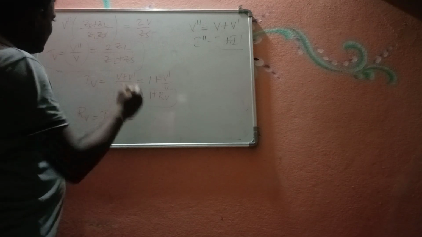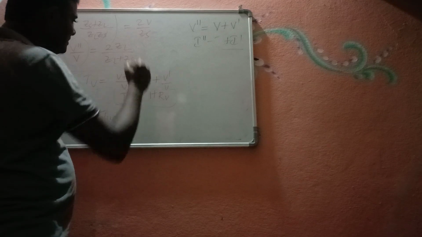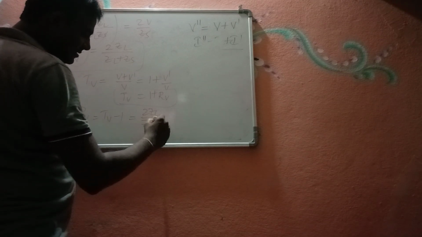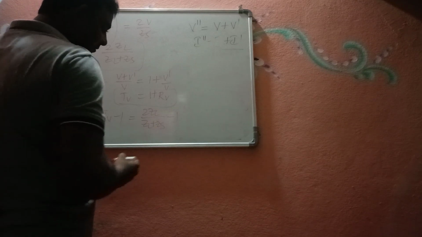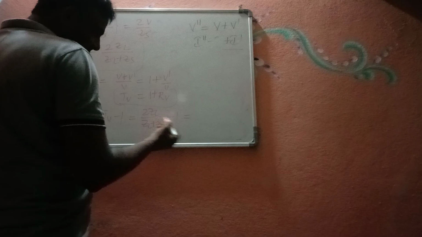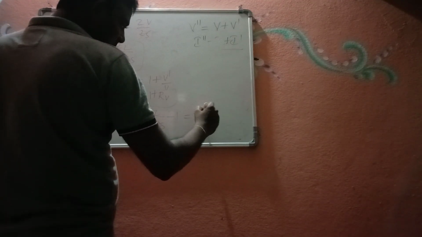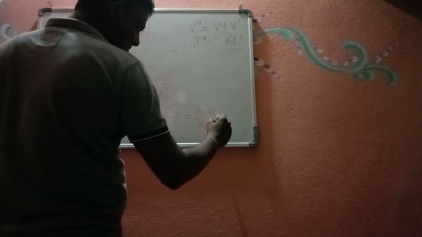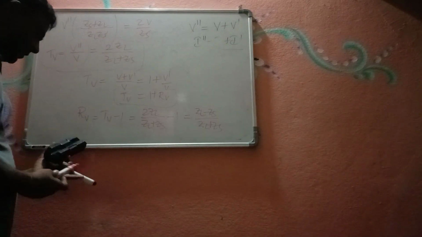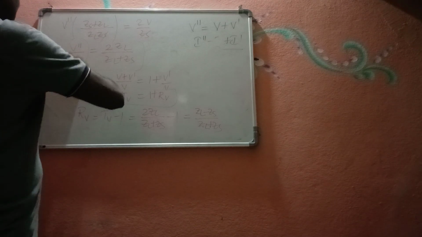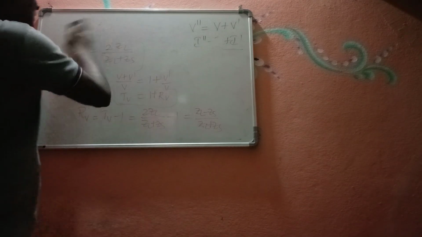So TV minus 1, where TV is this one: 2 ZL by ZL plus ZS minus 1 will give us 2 ZL, and one ZL will get cancelled. You will get ZL minus ZS divided by ZL plus ZS. So these are the transmission coefficient and reflection coefficient.